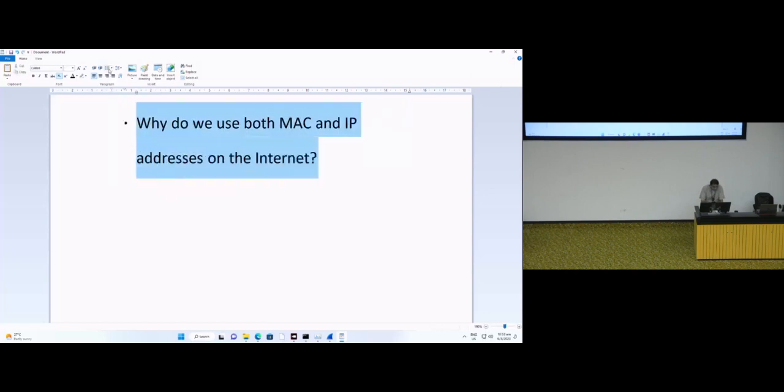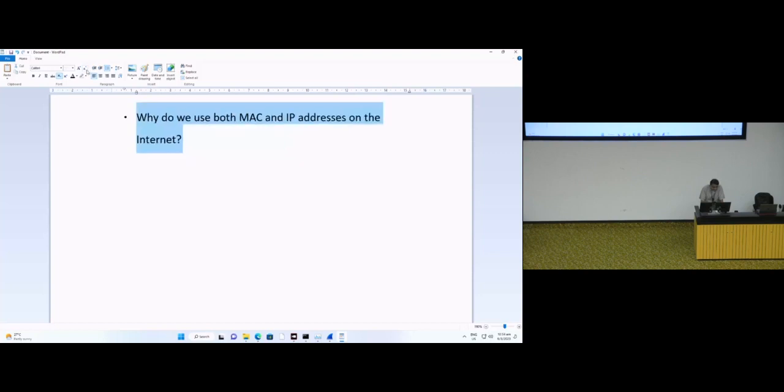Can I turn it into a bullet? This is irritating. Okay, it's fine. Can you see that? Is that big enough? Yeah? Okay. So why do we use both MAC and IP addresses on the internet?